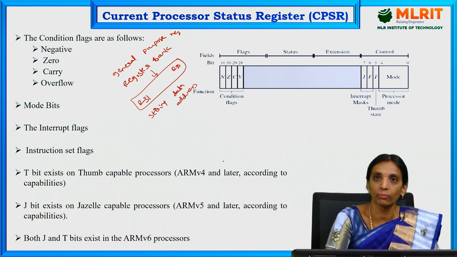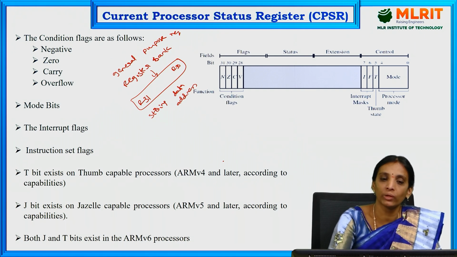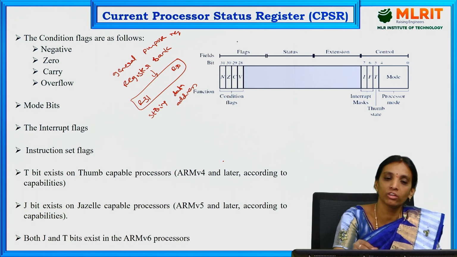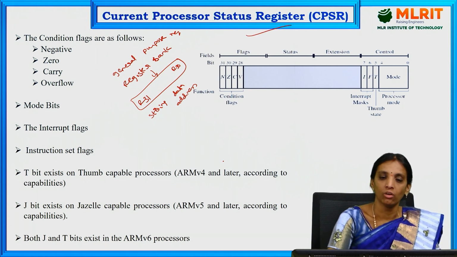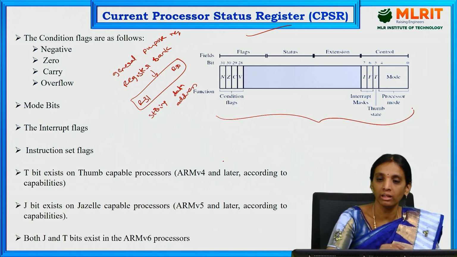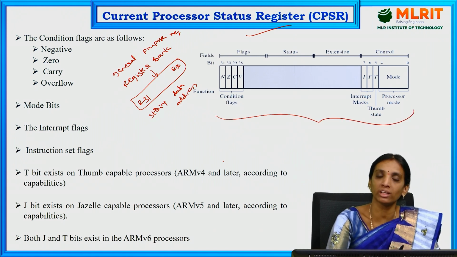But in the ARM processor we also have a special purpose register called CPSR, the current processor status register. It is used for indicating the status of the processor, that is, the status of the currently executing instruction.